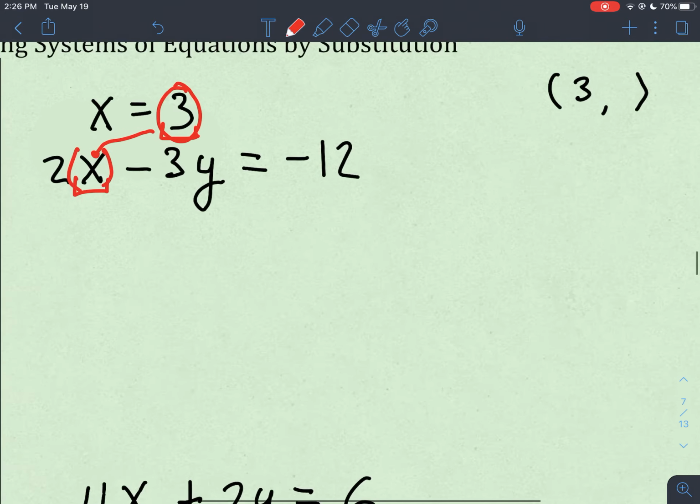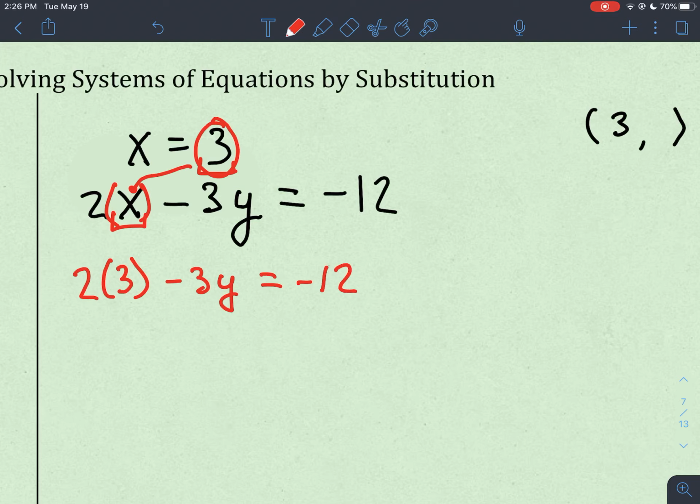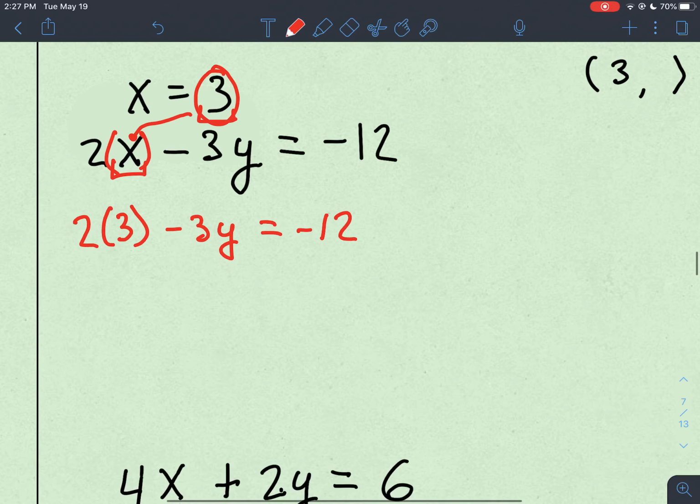So here I have 2 times 3 minus 3y equals negative 12. Notice how I just took that equation that we have right here, and the only thing I changed about it was instead of an x, there's a 3. So now let's go ahead and solve this thing. So I got 2 times 3 is 6 minus 3y equals negative 12.